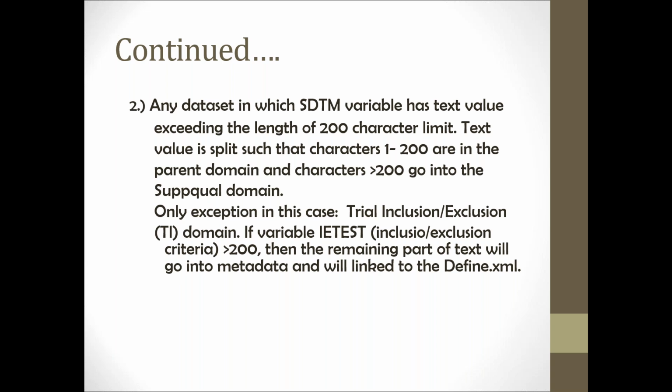If you have greater than 200, all that information will go to metadata and will be linked to define.xml. Okay, right. So is this clear to everyone? Yes or no? Yes, sir. Right.